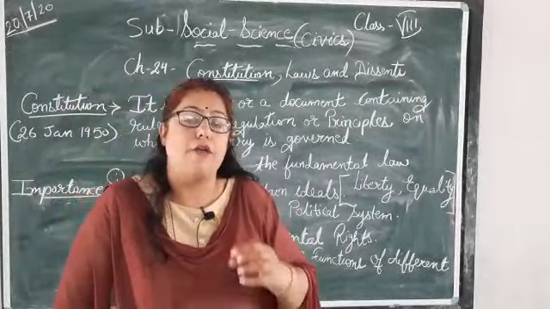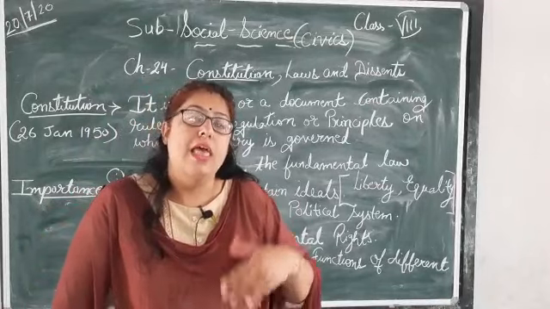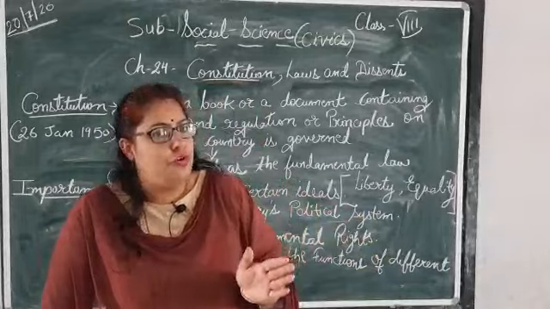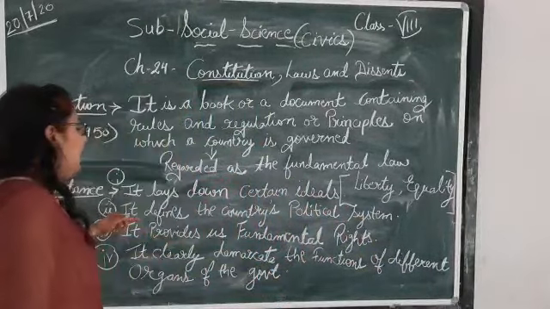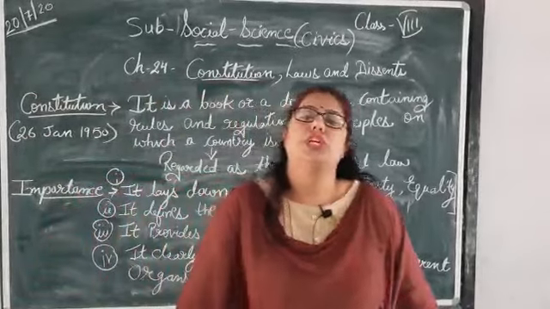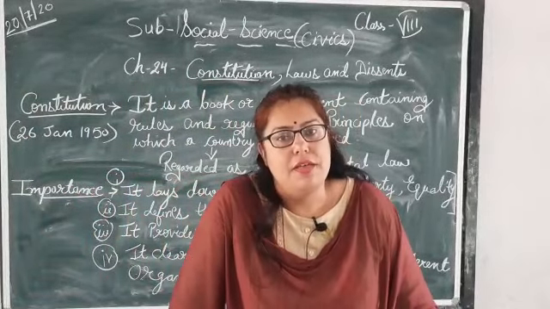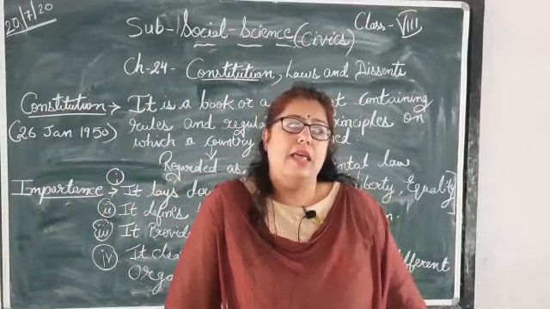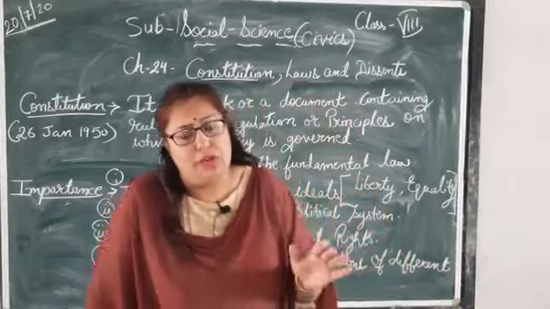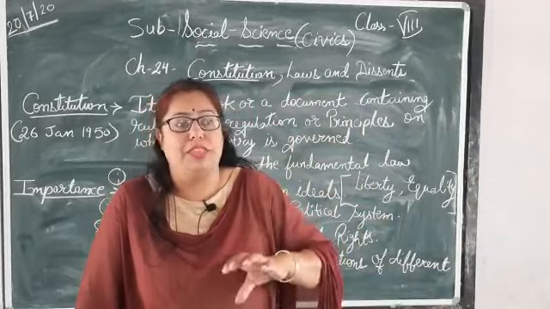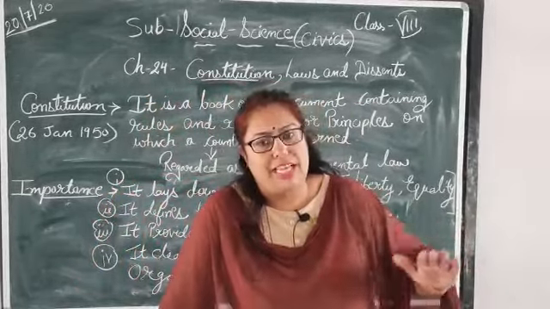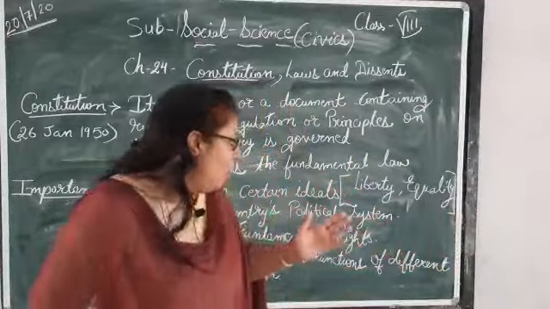Certain ideals are followed in our constitution, and by following them we make our constitution. Second, it defines the country's political system. By defining that, directly or indirectly, the constitution protects us from the tyranny or misuse of power of the political leaders. How?